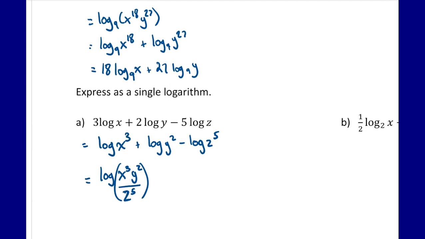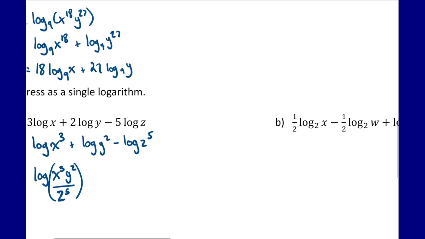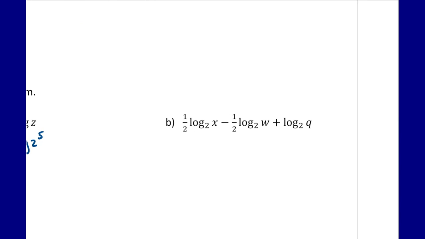So we're just working backwards, in a sense. For part B, again, I can bring the number in front into the exponent. So log base 2 of x to the power of a half, minus log base 2 of w to the power of a half, plus log base 2 of q.